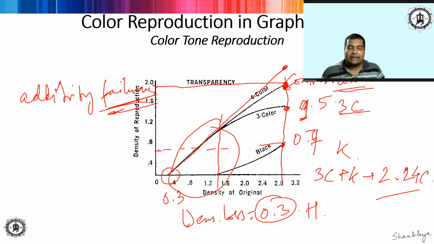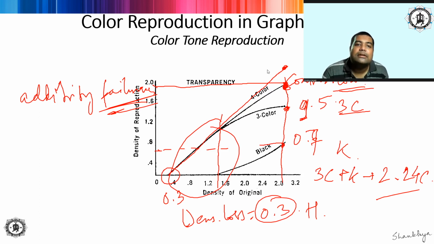Because of all these factors, you may ask why the shape of the four color reproduction curve that is shown over here is drooping. The reason behind that is exactly this particular point, that the black printer is trying to compensate for the deficiency of the three color reproduction, but in doing so, it is printing heavier than is necessary and reducing the overall contrast of the image.